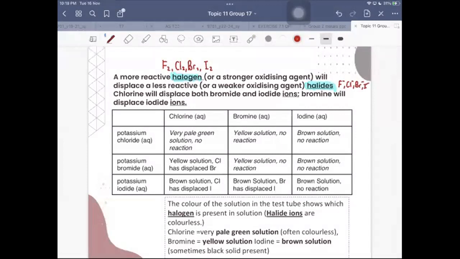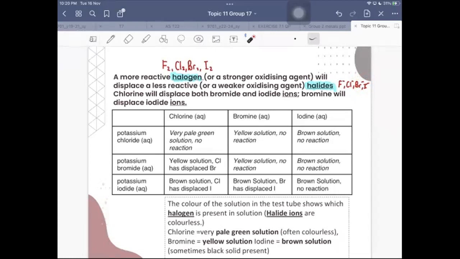So with this said, the stronger or the more reactive halogens will be able to replace the weaker halides. Okay, so that means chlorine will displace bromide and iodide. Bromine will displace iodide ions.